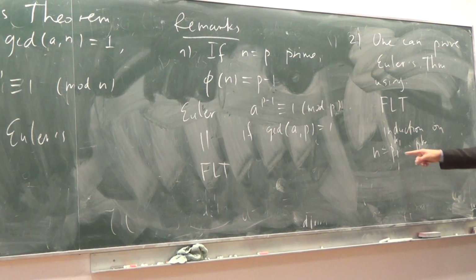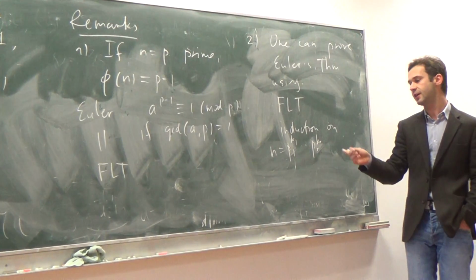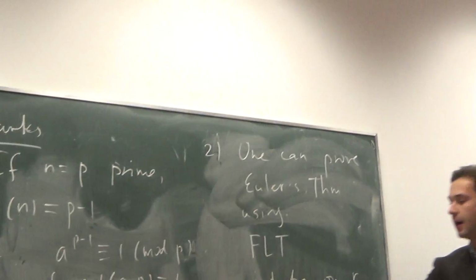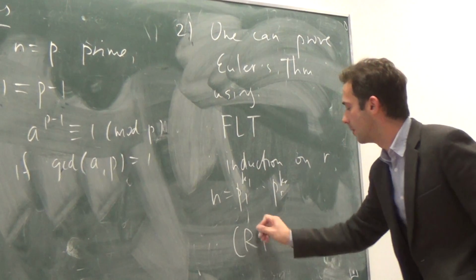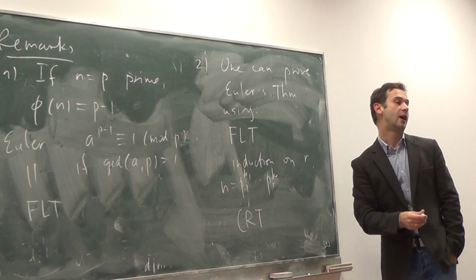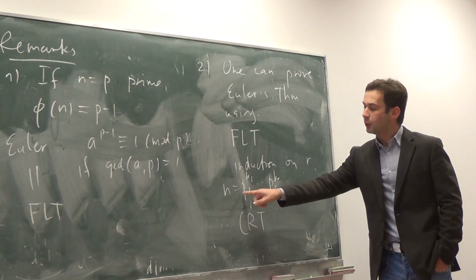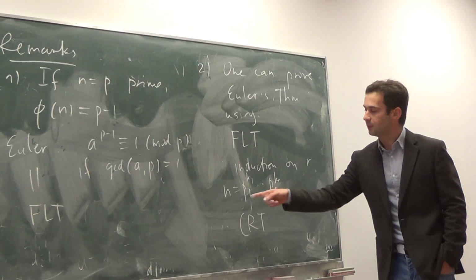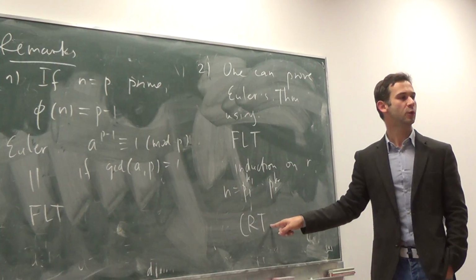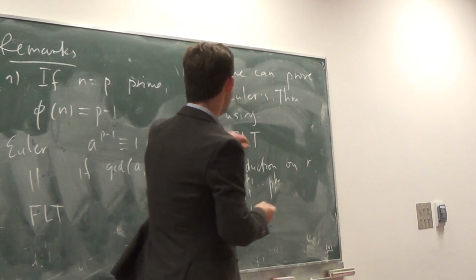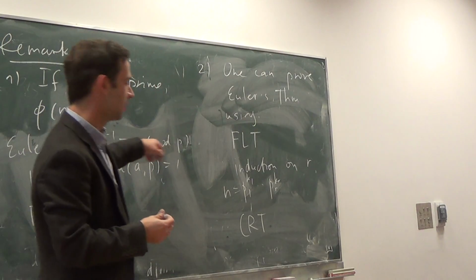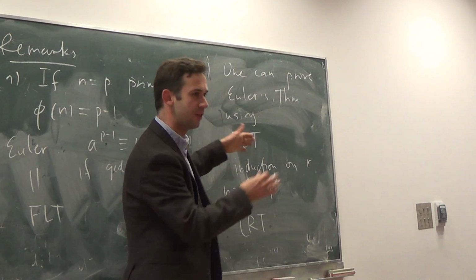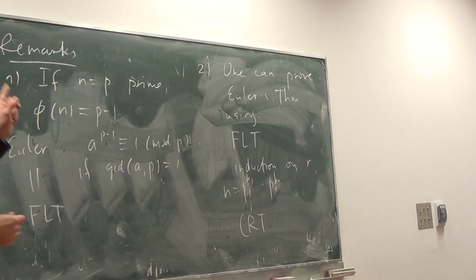Typically it's convenient to factor out n like this, and maybe there will be induction on the number of different prime factors. This will be a bit like the RSA business: I know something modulo various primes, and putting them together will be the Chinese remainder theorem. So one can give a little bit of a long proof using this. There will be a base of induction, then somehow we get the kth power, and then we put them all together. But this is not how we'll prove it.